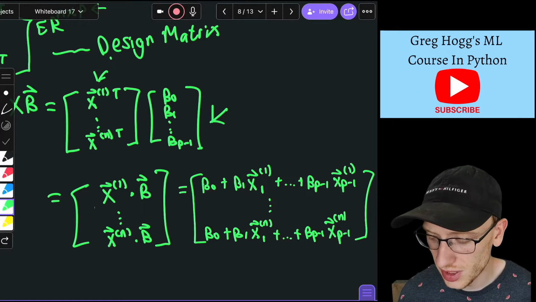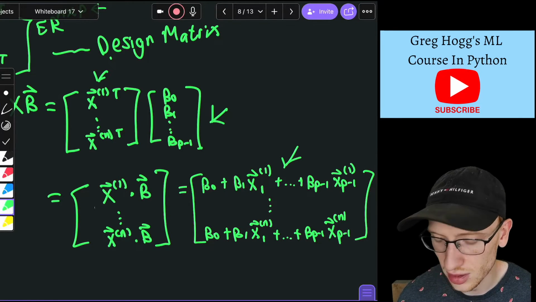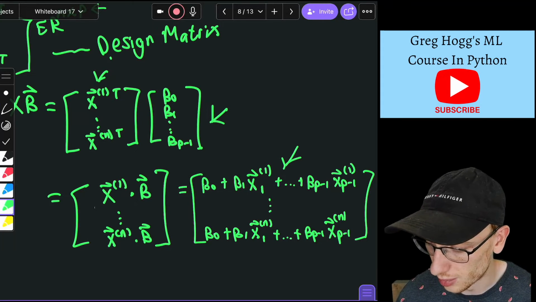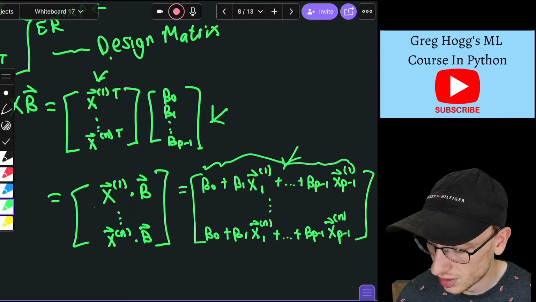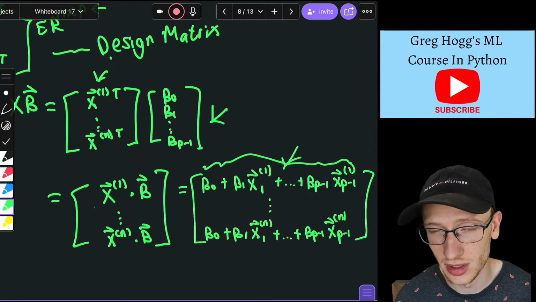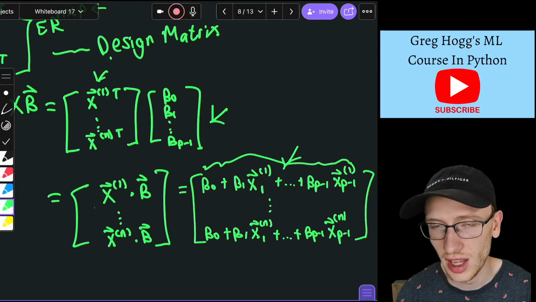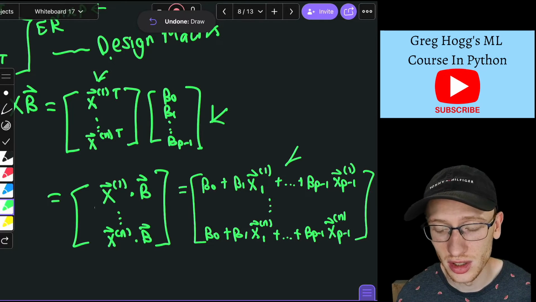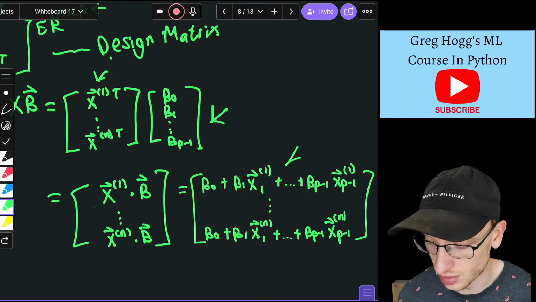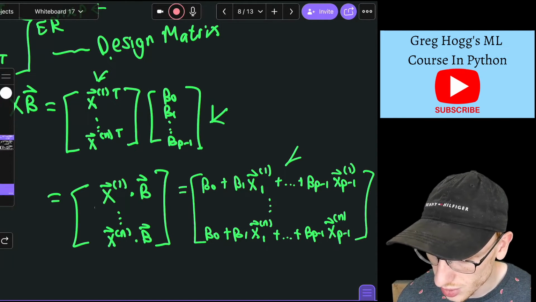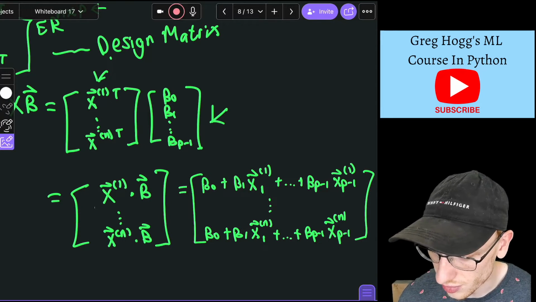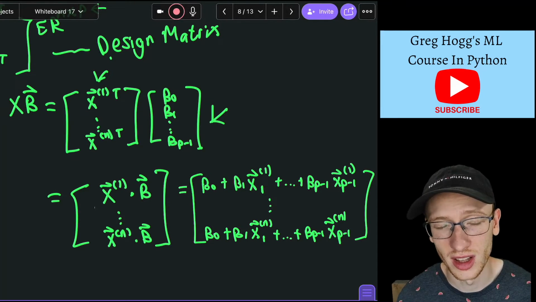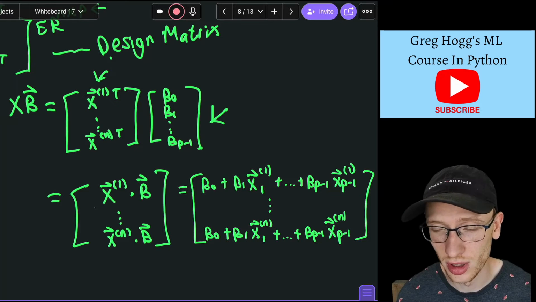So now if we look at what each of these things are, this first thing, which is a number, okay, if I'm looking at this whole thing here, this is a number because it's separated by sums, so it adds to one thing, and that thing is exactly the first prediction for that first person, okay? So we used the information for the first person, dot producted that with our parameter vector.